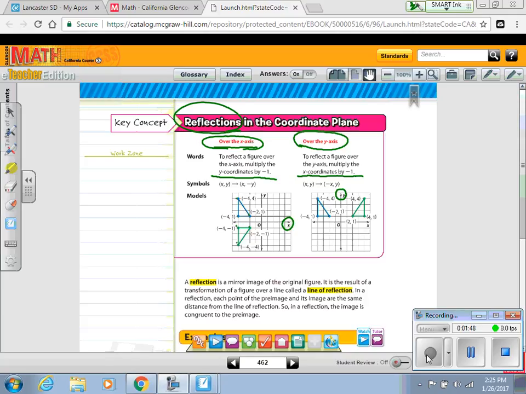So that doesn't change. Your y coordinates stay the same. You're going to multiply by -1, and this x coordinate multiplied by -1 becomes +4. This x coordinate multiplied by -1 becomes +4, and this x coordinate multiplied by -1 becomes +2.